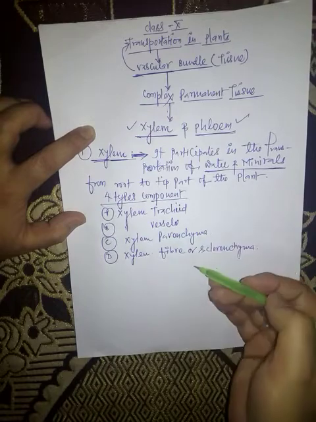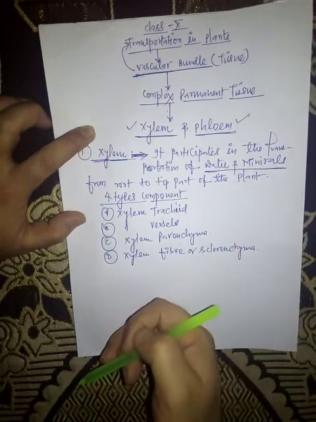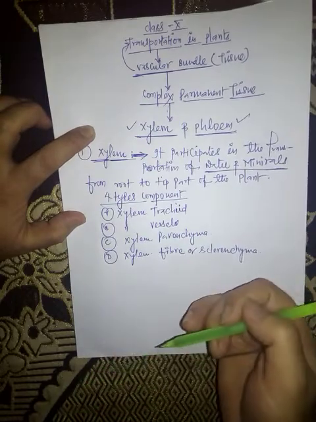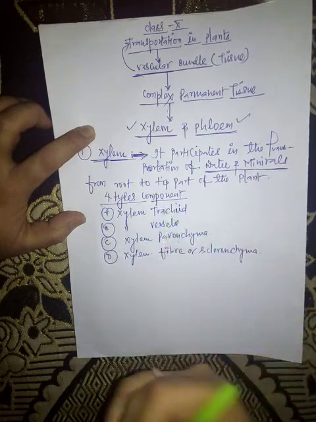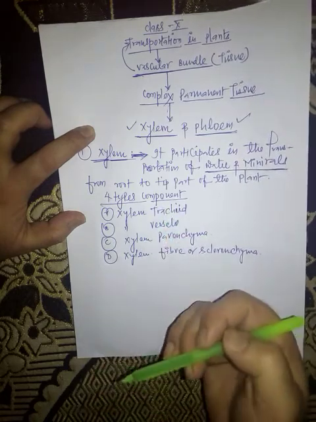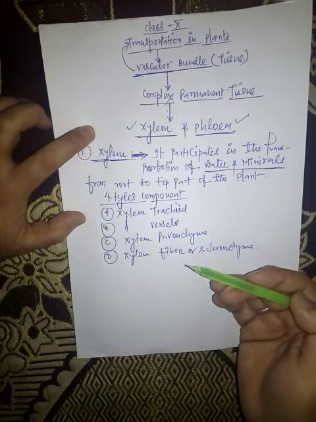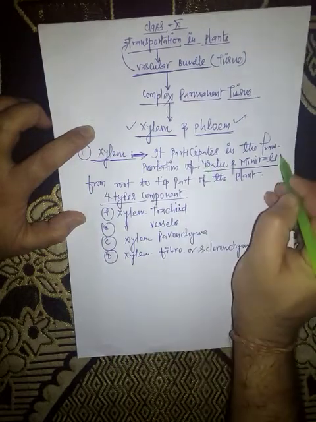These four types of components combine together and form a complex tissue. This is called xylem. This xylem helps in the transportation of water and minerals.